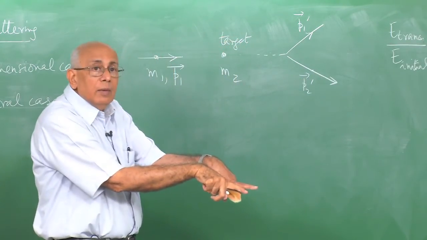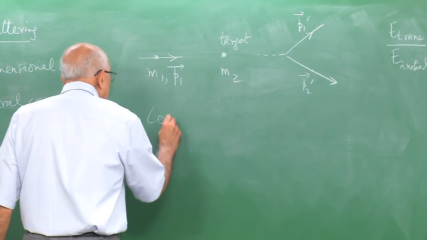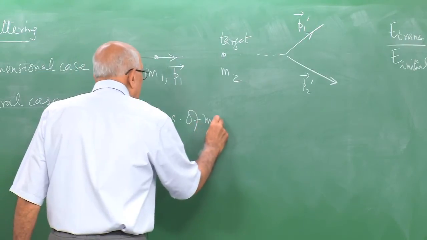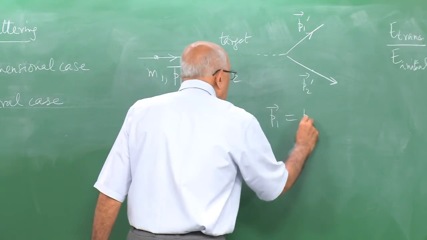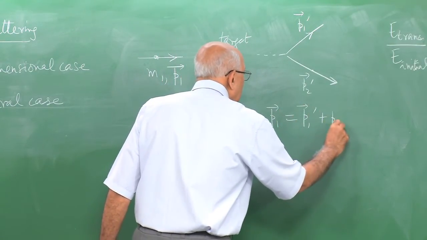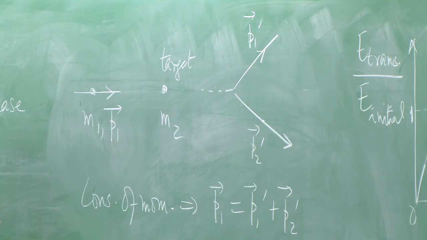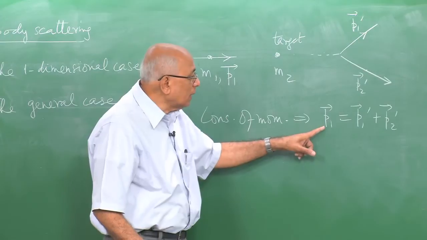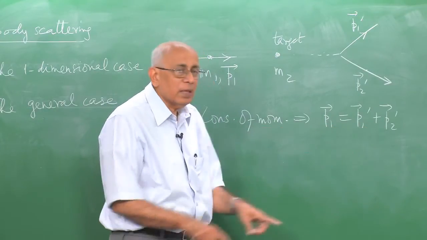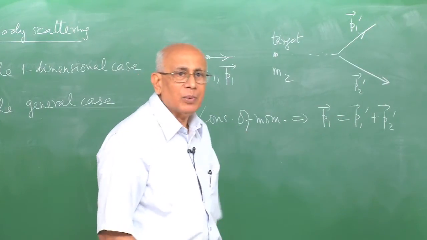P1 prime and P2 prime form a plane, and conservation of momentum now implies that P1 is equal to P1 prime plus P2 prime as vectors, in dimensions greater than 1. But these two form a plane, and this relation tells you it is a linear combination of these two vectors, and therefore is in the same plane, and without loss of generality I take that to be the plane of the blackboard.